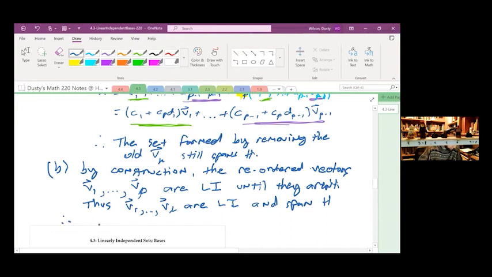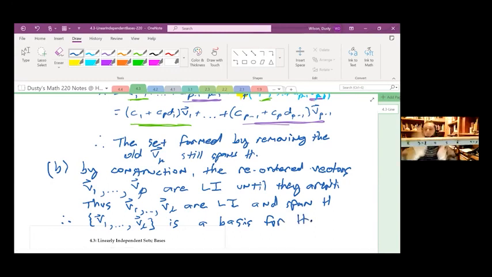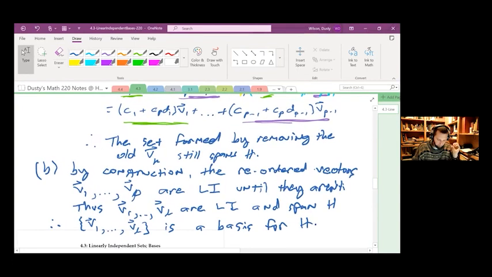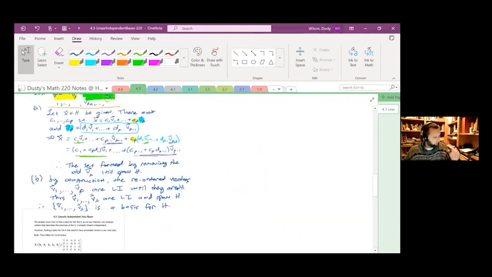Therefore, the set V1 to VL is a basis for H. Questions?